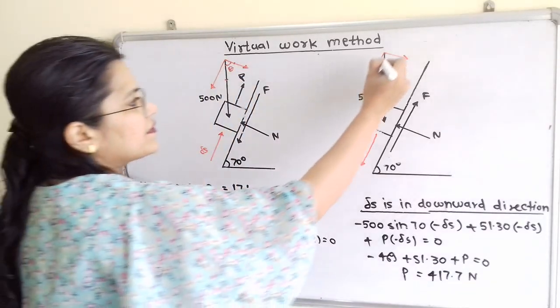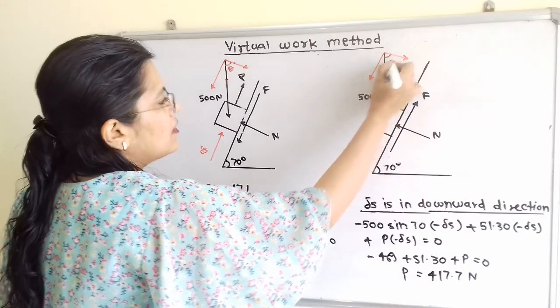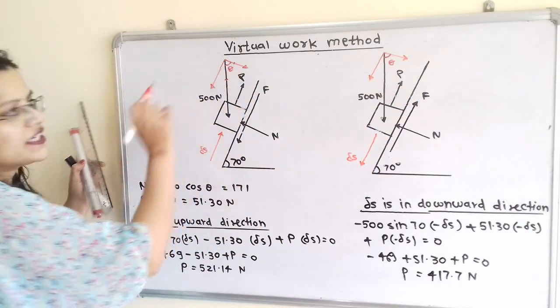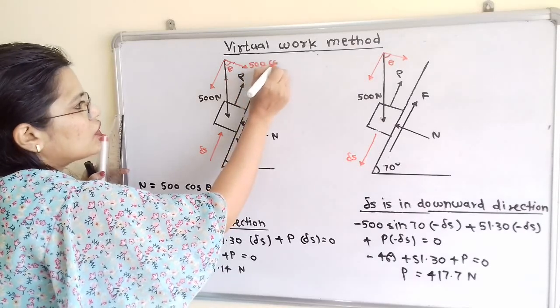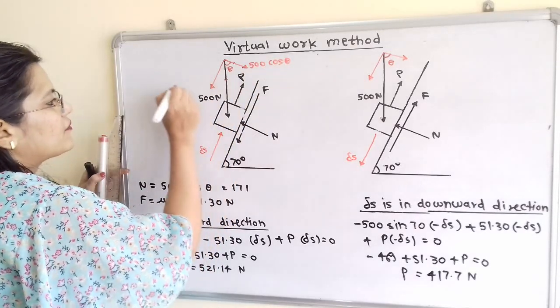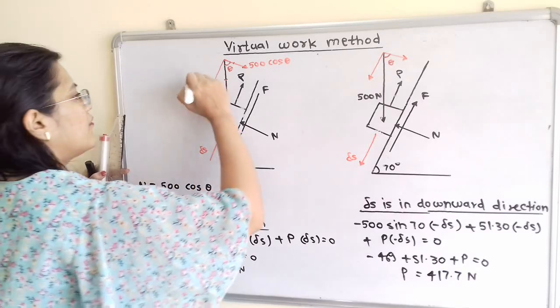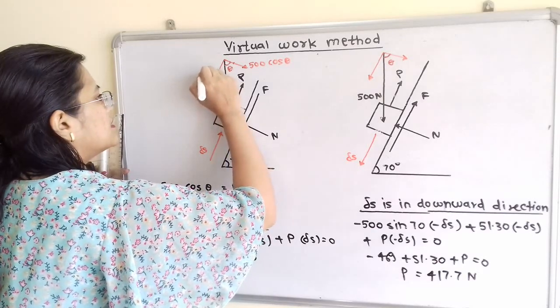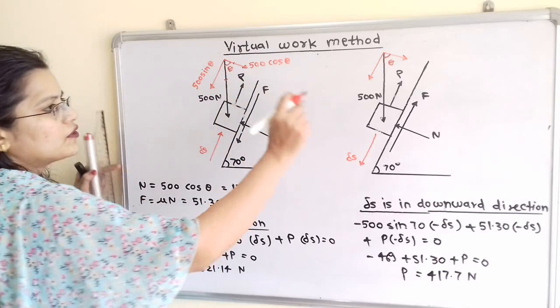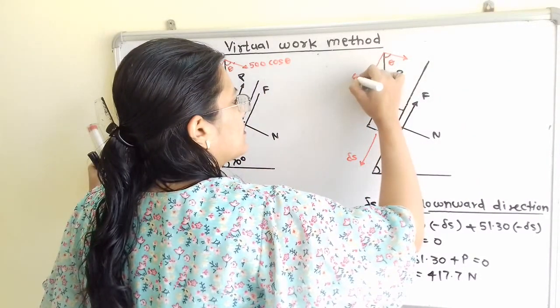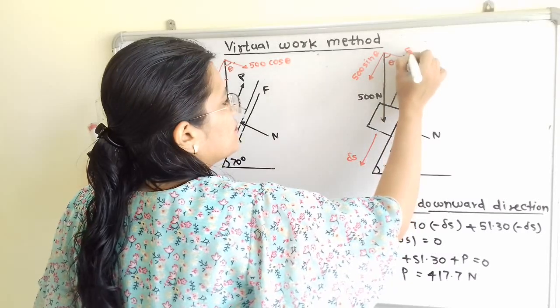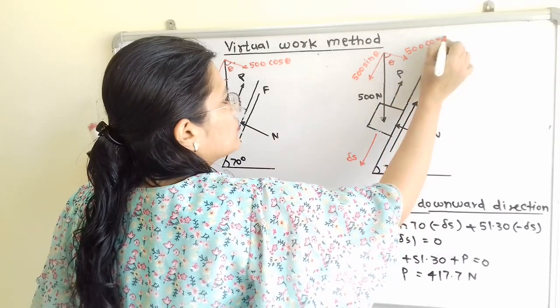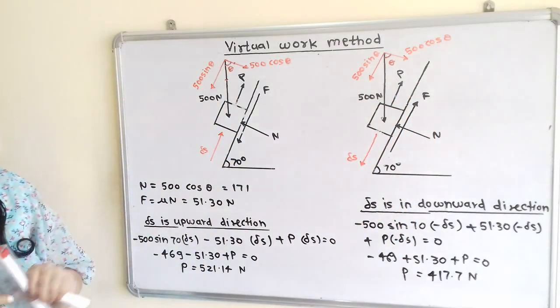Now in the same way we will show here the angle theta. This component is nearby to angle theta, so we can say that it is 500 cos theta, and this is away from angle theta, so it is 500 sin theta. So here also it is 500 sin theta, and here is 500 cos theta.